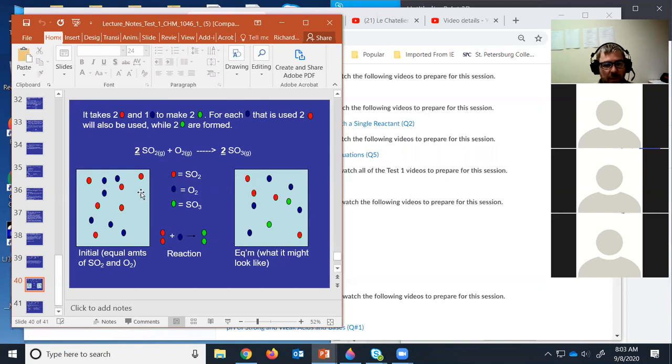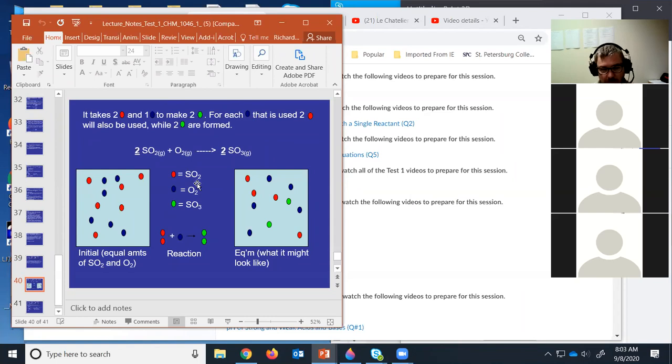You'll notice that now there's 6 of each here. So there's 2 reds gone and 1 blue. And you can see now we've got 2 greens. So for every set that goes, if it reacts, we lose 2 SO2s and we lose 1 O2 and we form 2 SO3s.